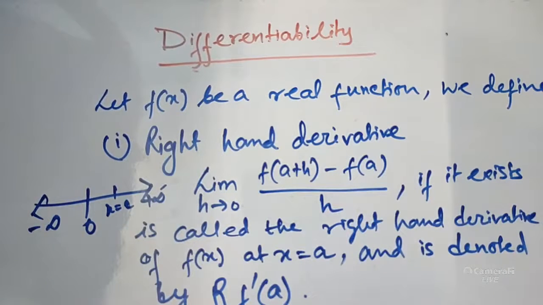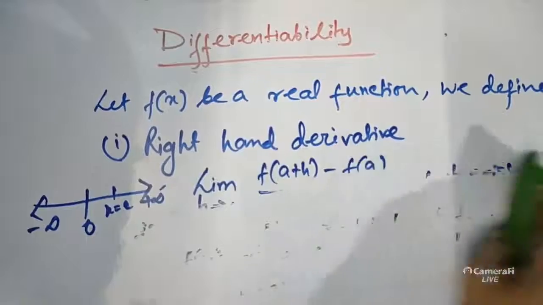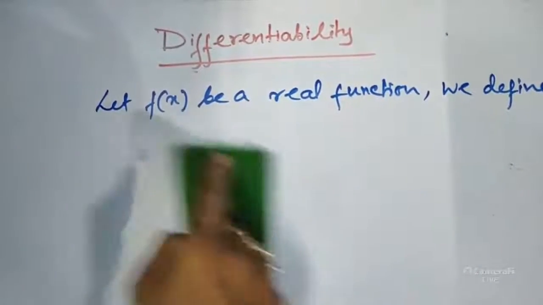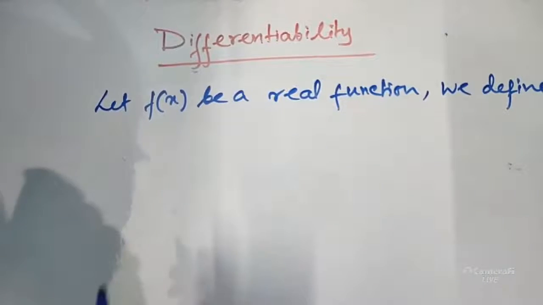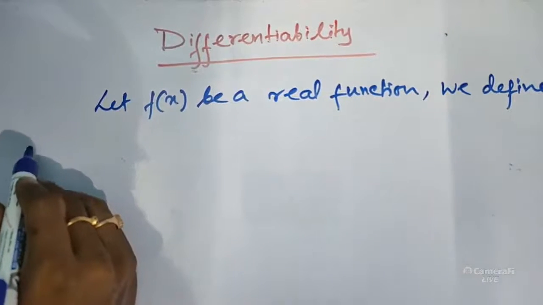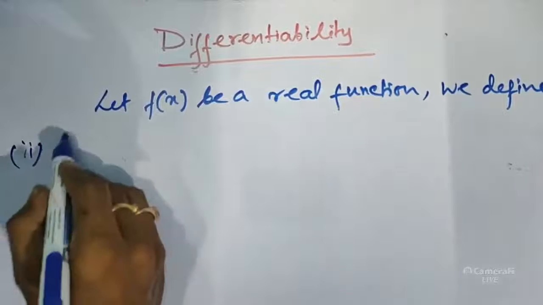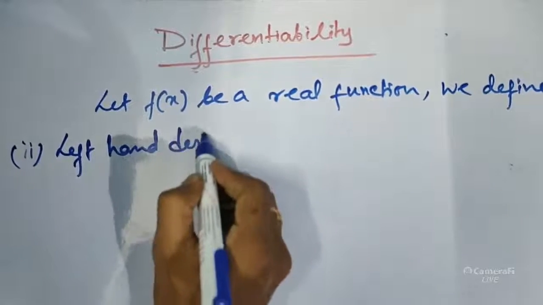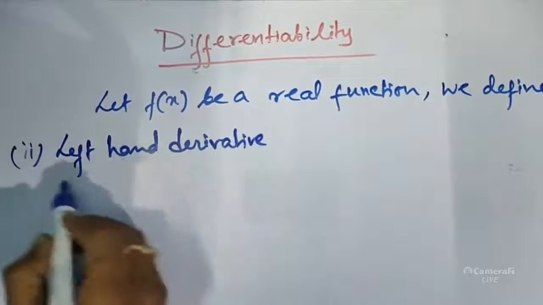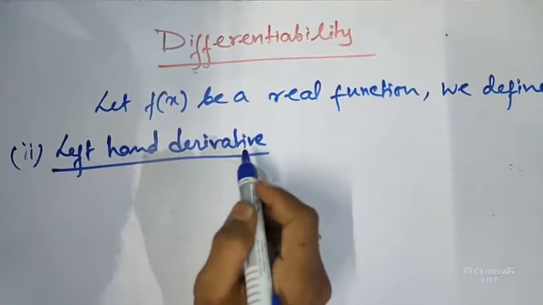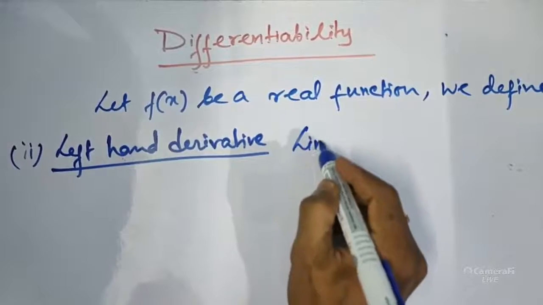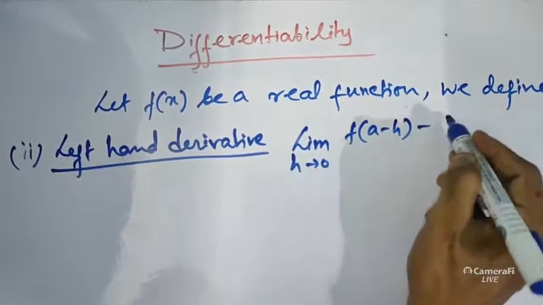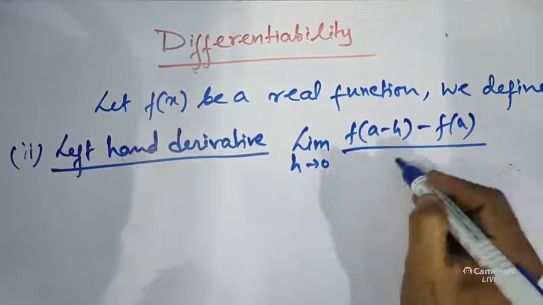In the same way, we can define the left hand derivative also. On the left hand side, we know that it will be in minus sign. Number 2, left hand derivative. What is the left hand derivative? Limit h tends to 0 f of a minus h minus f(a) divided by minus h.